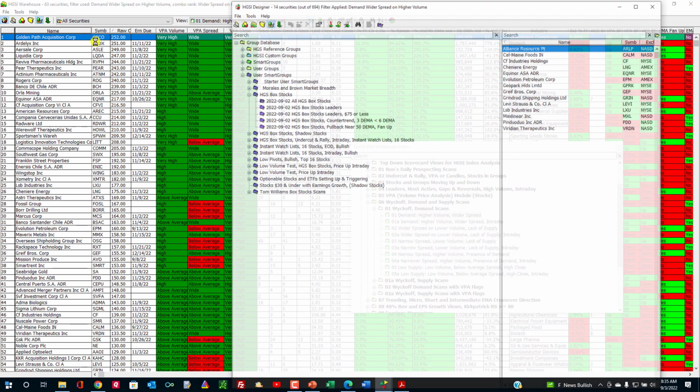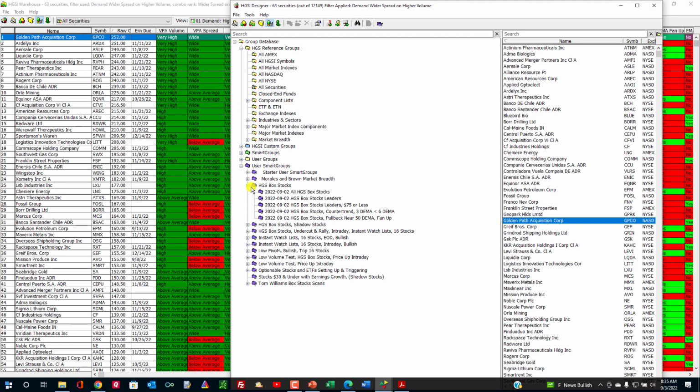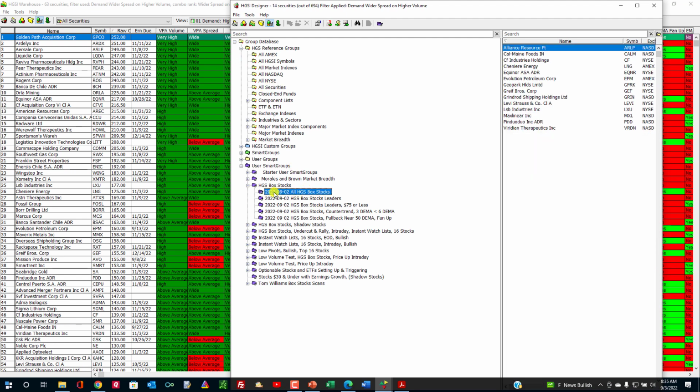So what I'm going to do is go in to the HGS box stocks, and make sure that you install the latest box stock smart group if you want to use box stocks. I'm not sure when I added this, but this brings up all the HGS box stocks every day.